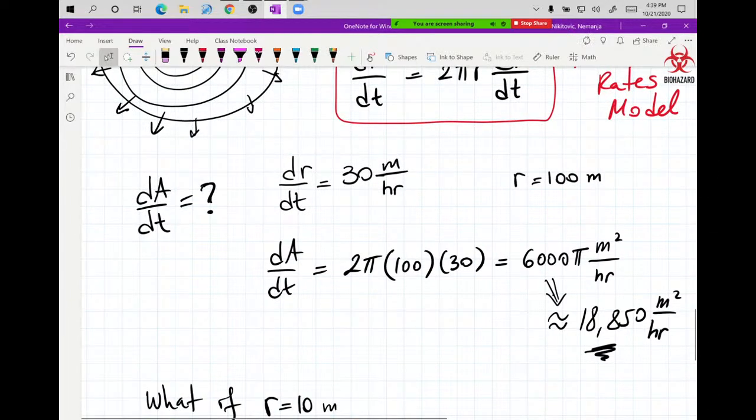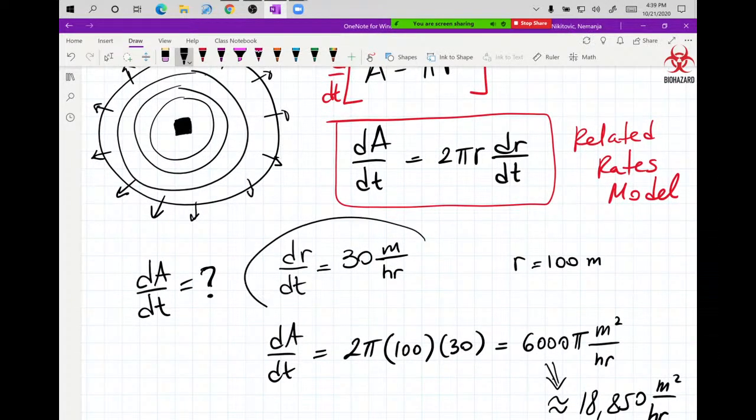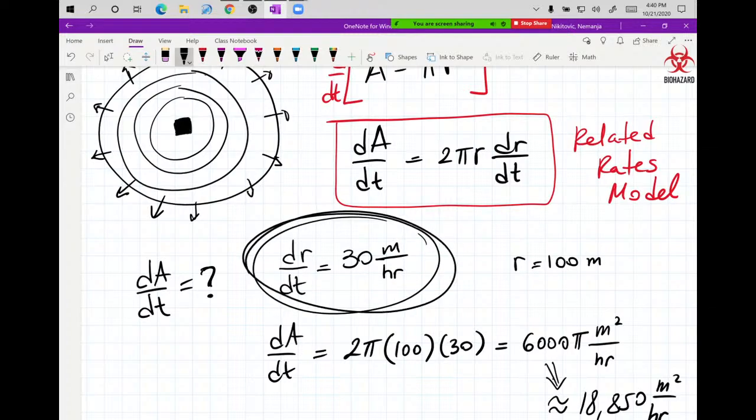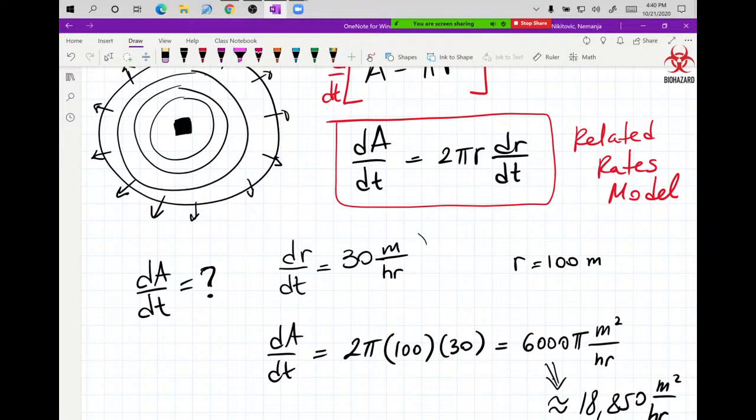Well, first of all, let's understand that the dr/dt is affected by how much oil is leaking. That's what's driving the dr/dt, the size of the hole where the oil is coming out from. So you don't change this, because the oil is just going to keep pouring until you plug the hole.